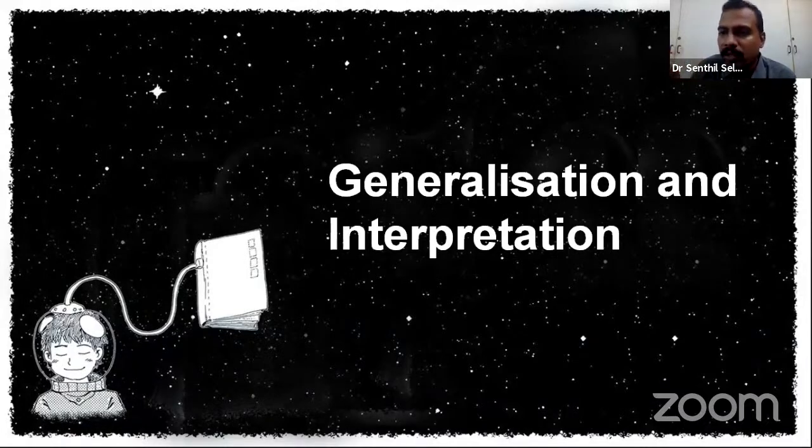The testing of hypothesis can end up in both ways. Either you have to accept or reject the hypothesis. So based upon acceptance or rejection of the hypothesis, the generalization and interpretation has to be made. What do you mean by generalization?